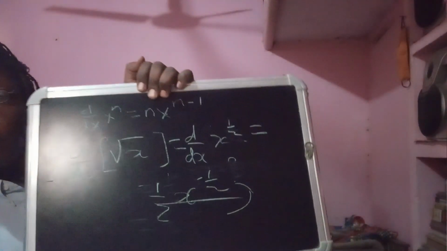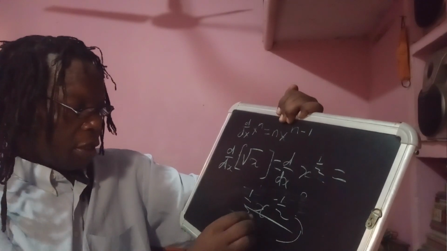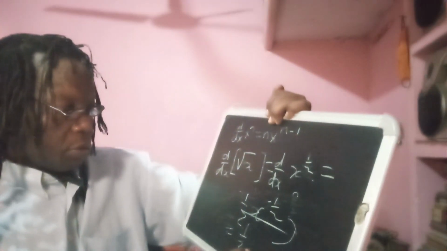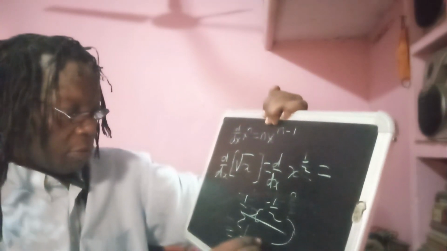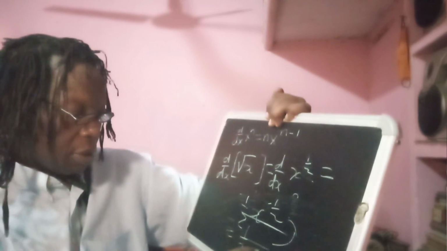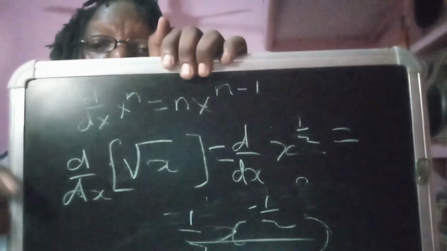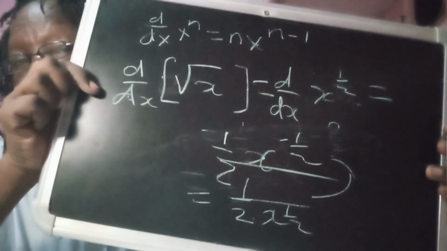I hope you are seeing what I'm doing. You bring this one down, then it will be a half times x to the half, because it's a negative value. When you take it down the fraction, then it will become a positive value.